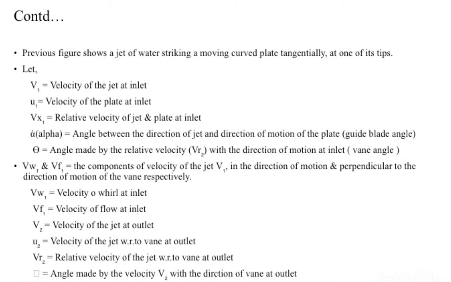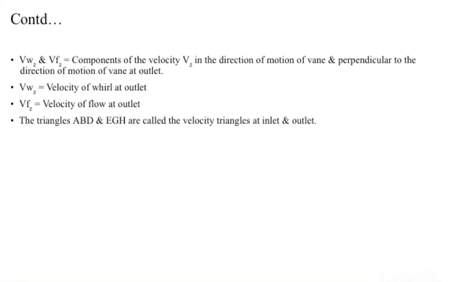These are all the terms which we assumed in the figure in the earlier slide. In the previous slide's figure, triangles have been formed at both ends, that is triangle ABD and triangle EGH. These are the velocity triangles at inlet and outlet.